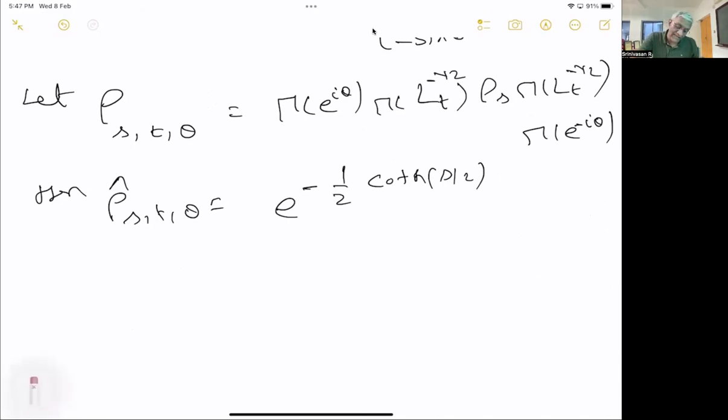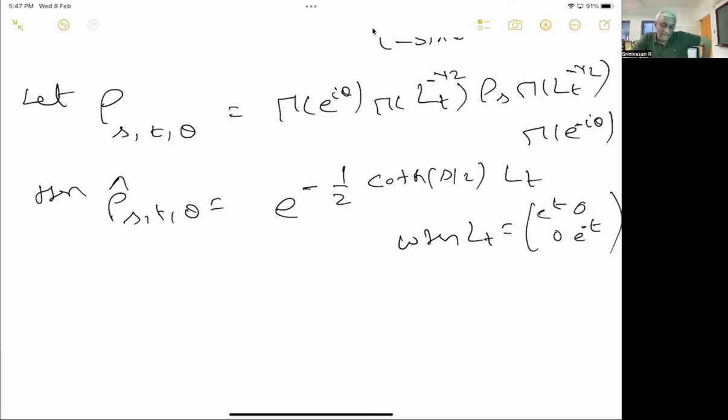So you will get the L there, where LT equal to e power t 0 0 e power minus t. So you get the LT there.